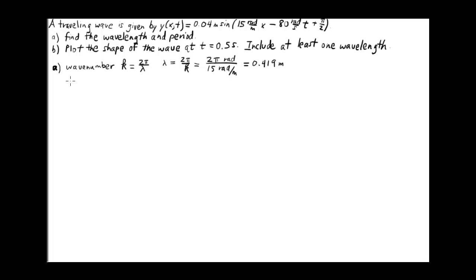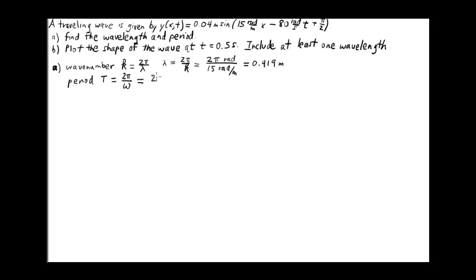The period T, the time it takes for the wave to go through one complete cycle of motion, is related to omega, the angular frequency, as 2 pi over omega, right? And once again, we can read omega directly off of the traveling wave equation. It is the coefficient of the t variable.